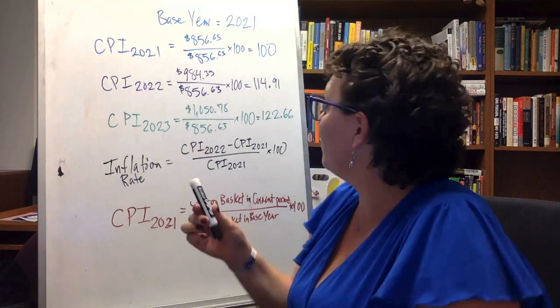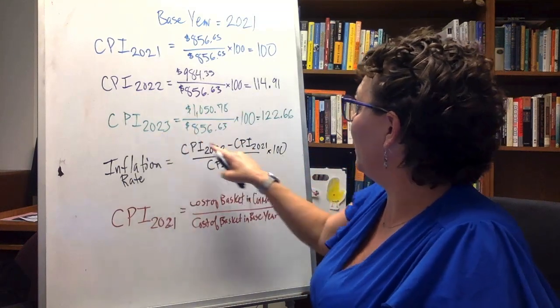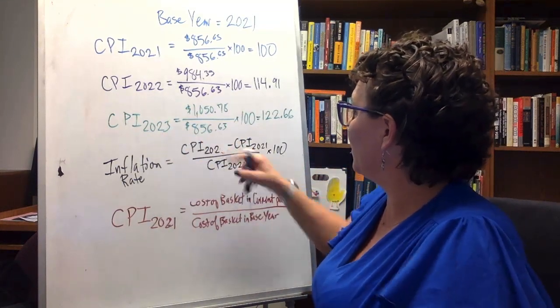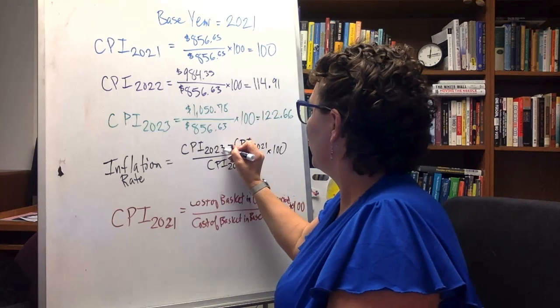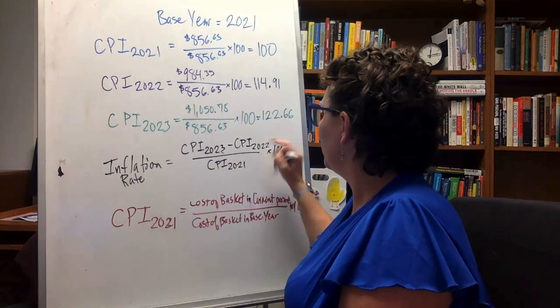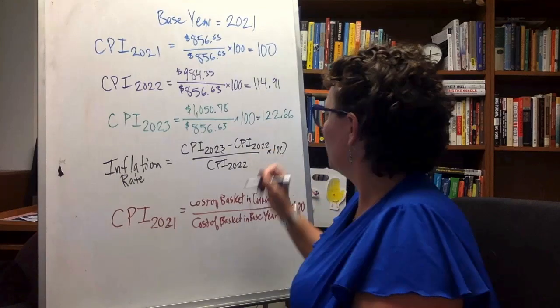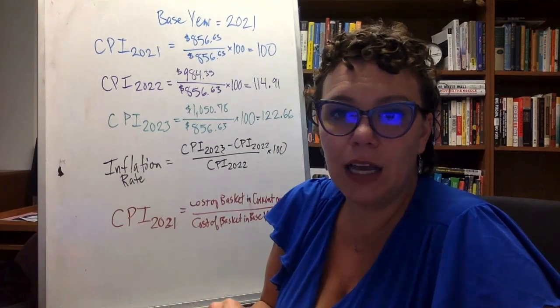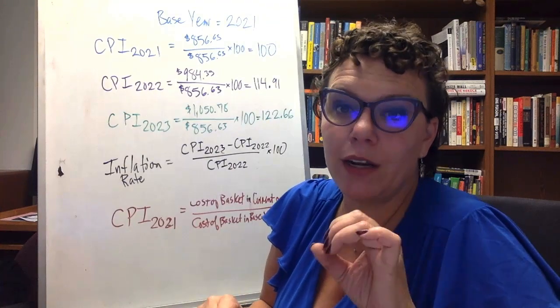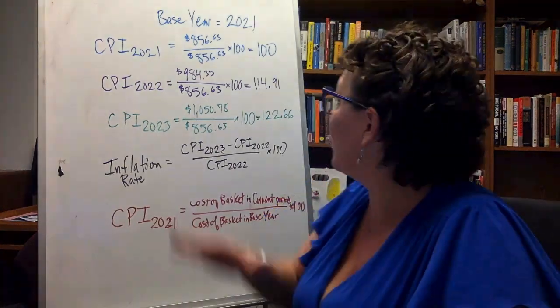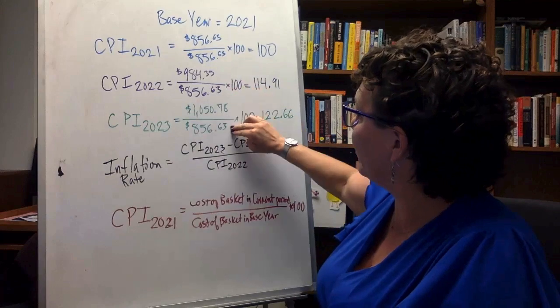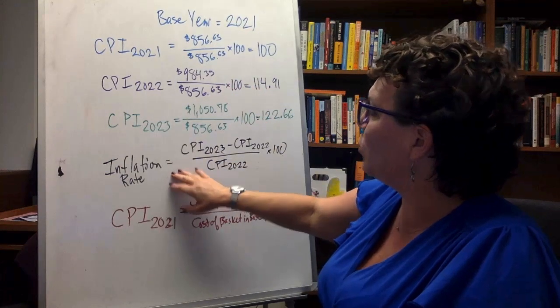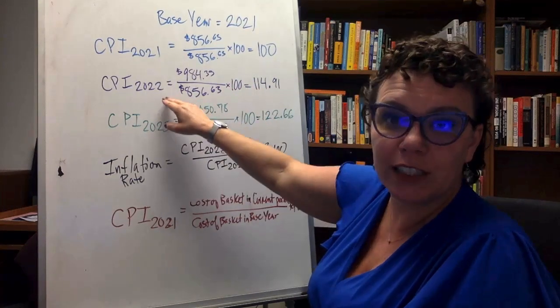Or if I want to do it for 2023, I could say I want to know what the CPI is in 2023 minus 2022, divided by 2022. So the difference between calculating the CPI and calculating the inflation rate is that with the CPI, we hold that base year the same every time. But with the inflation rate, we're just looking at the change from the previous period.